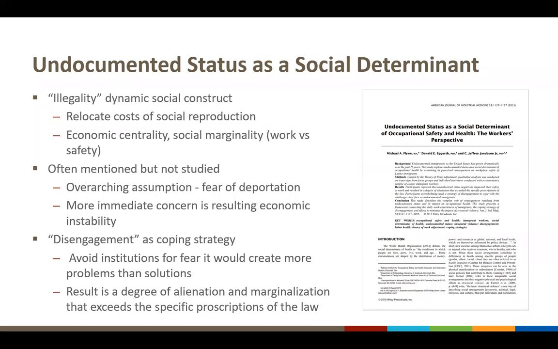And so while on the books, undocumented immigrants have the right to all the labor protections that a US born worker would have, in actuality, in their lived experience, that wasn't the case because of this disengagement with some of the systems and institutions that are there to help workers protect themselves and exert those rights.